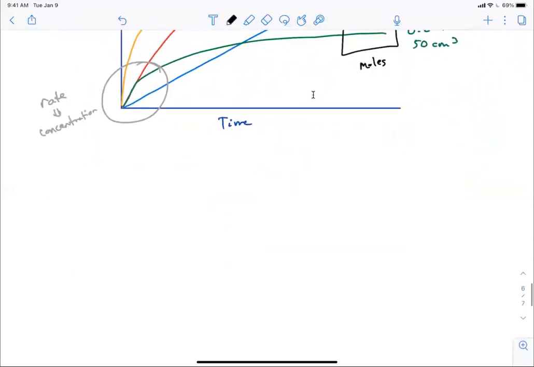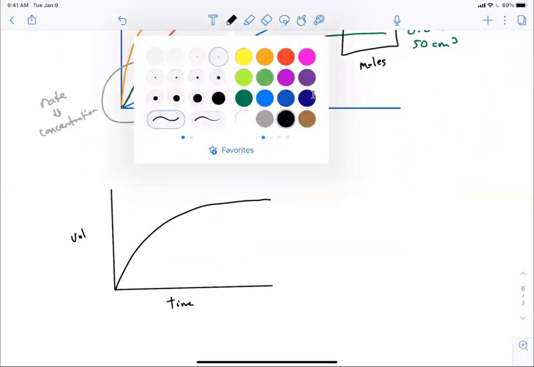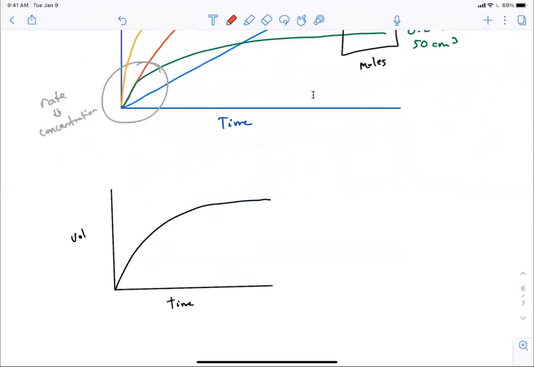I'm going to draw another small one here just for purposes of showing how you calculate reaction rate, because you're expected to be able to draw the tangent to a line to figure out the rate. So drawing a tangent to a point on the curve, calculating the slope of that line tells you what the rate is at that instant. So the IB might ask you, what's the instantaneous rate at t equals 10?